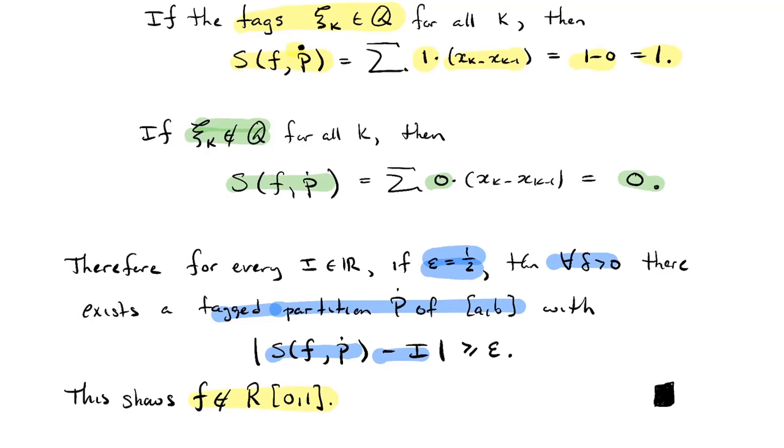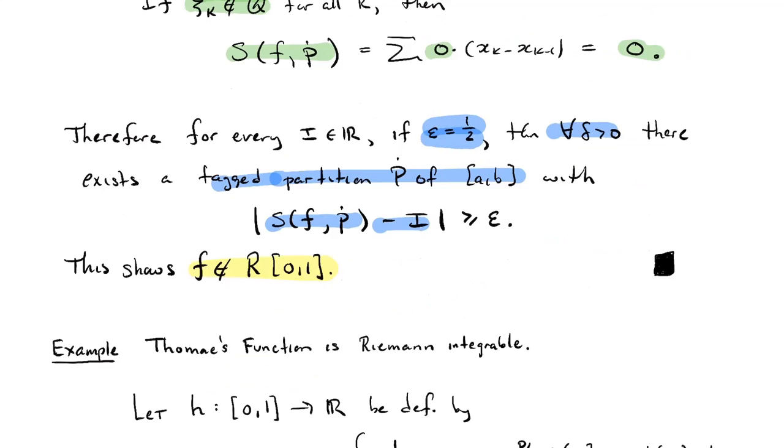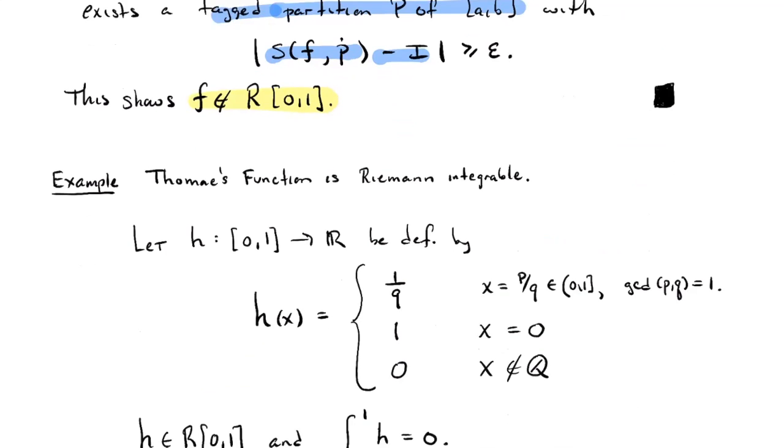But this function has too many discontinuities for it to be integrable. If you study this notion of Riemann integrability more carefully, that statement can be made precise in a very specific way. But we won't have time to study these notions in this course. Maybe in the second semester we can bring that topic back up.